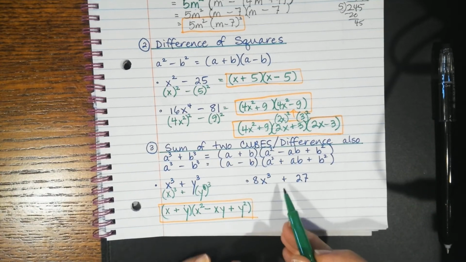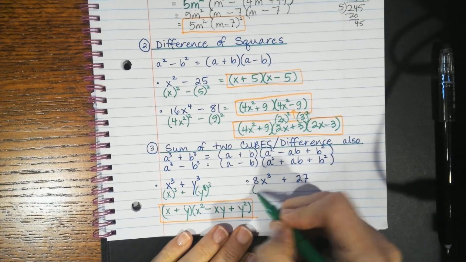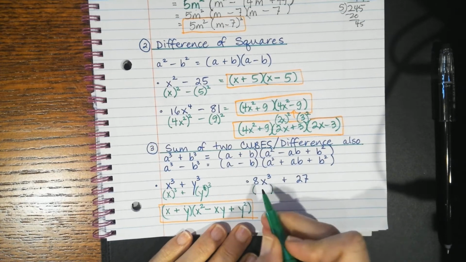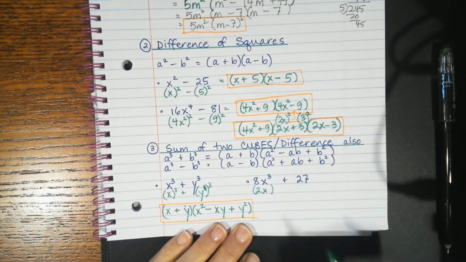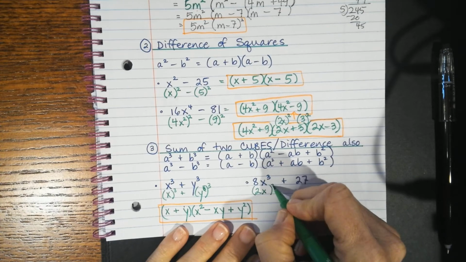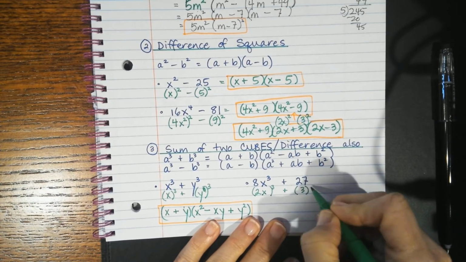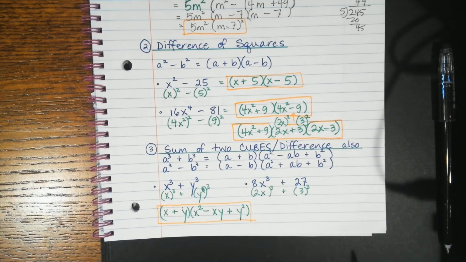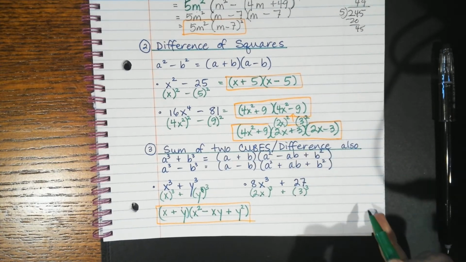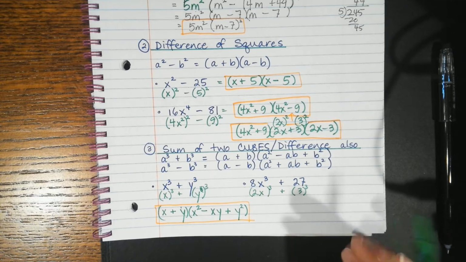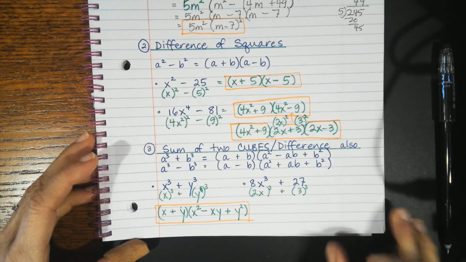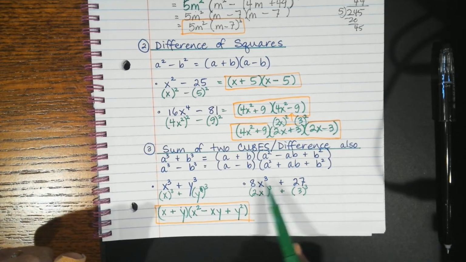Same thing for this second example. You need to be able to recognize that this is 2x times 2x times 2x. It is a cubed. And then 27 is 3 times 3 times 3. So if it helps, you might want to write a little list of cubes on the side of your paper like we sometimes do. But again, all you're going to do is follow this pattern.